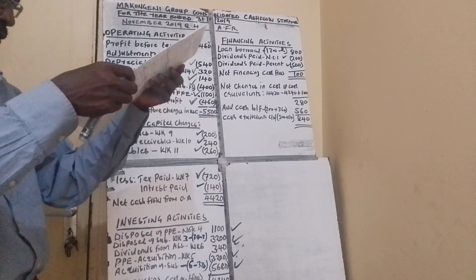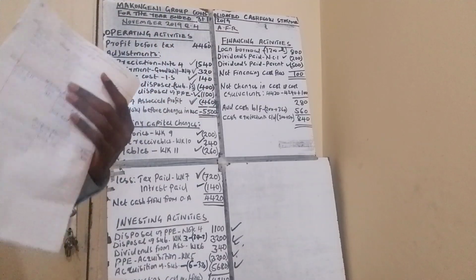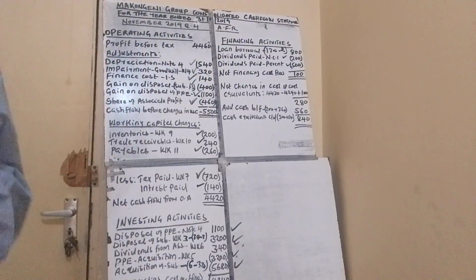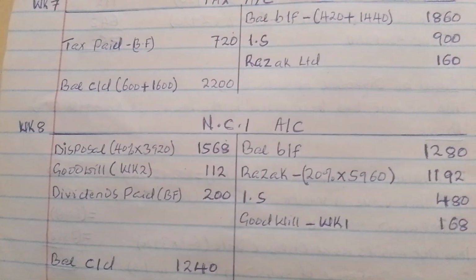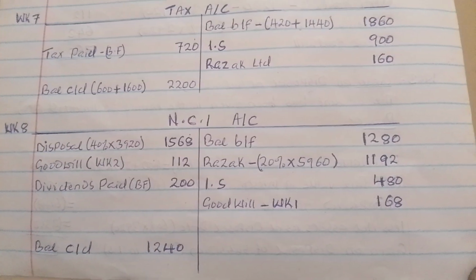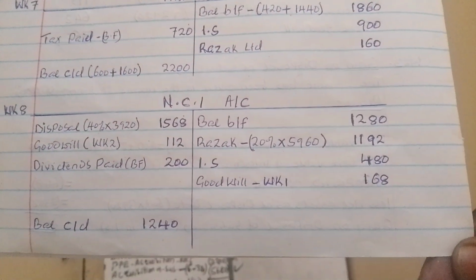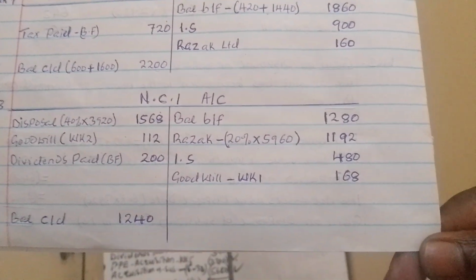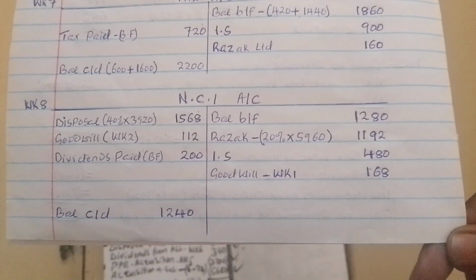The NCI, working number 8. Working number 8, dividends paid to the NCI will be the balancing figure.